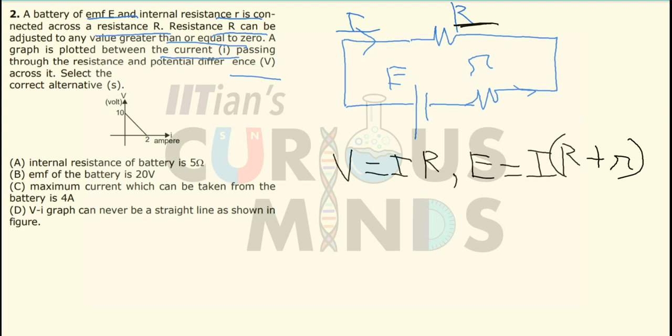So many things are explained here, and we have to find out the various things in this part. Let me first substitute when the current is equal to 0. When the current is 0, the voltage developed will be equal to 10 volt.